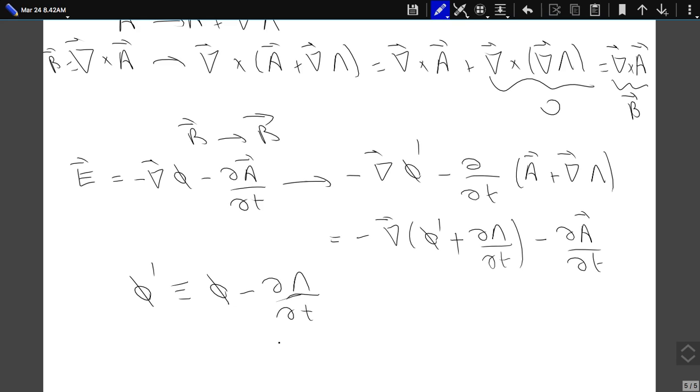This is how I define my change. I change both the scalar potential and the vector potential at the same time. And if I make these changes, the electric field does not change. The magnetic field does not change.